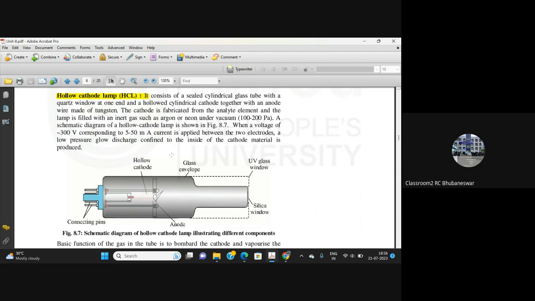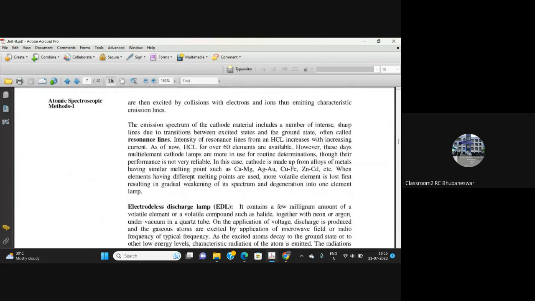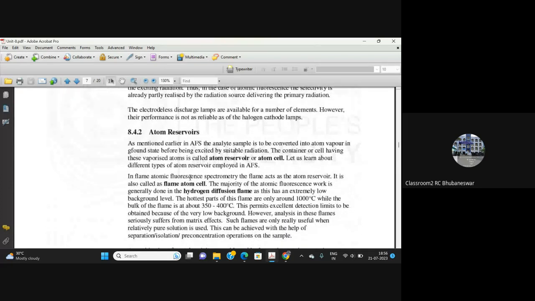So in the block diagram you can just mention, when in your exam it is coming, write the instrumentation process for fluorescence spectrometry or for the AFS, you can draw the block diagram, no problem. Then the atom reservoir. As mentioned, in AFS the analyte sample is to be converted into atom vapor in the ground state before being excited by suitable radiation.